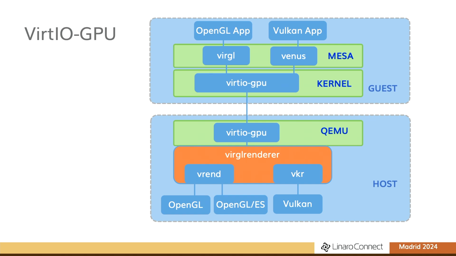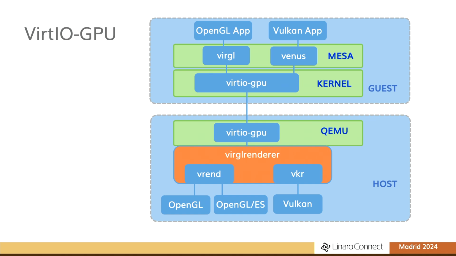The host, let's have a look. You have QEMU, which is basically intercepting these I/O controls, these commands, and in turn, it conveys those commands to a third-party library, which is Virtual Renderer, yet another freedesktop project. And according to the context that you have in the guest, you have a backend which is responding to these commands. vrend is the name of the OpenGL backend, which is in turn getting those commands, and it's calling the OpenGL implementation on the host.